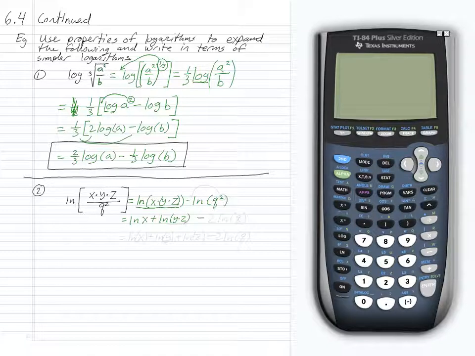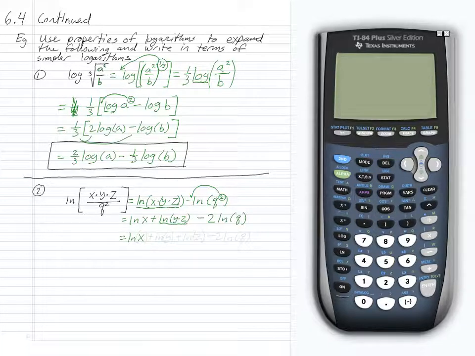And secondly, this second logarithm has a power inside, which we can pull out as a coefficient. And finally, the ln of y times z can be broken apart.